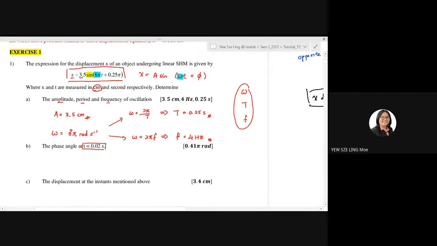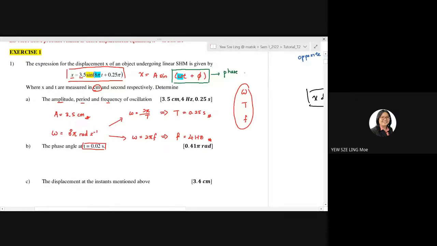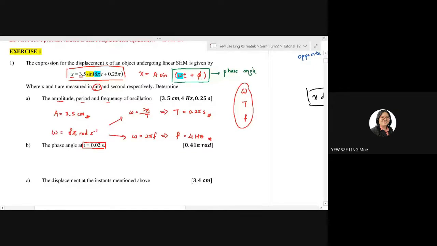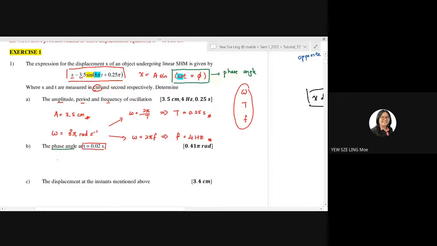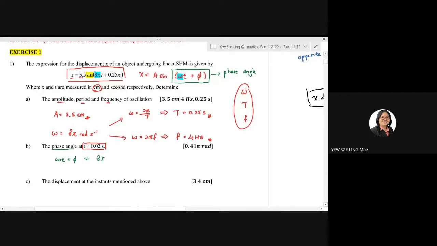So this whole thing, omega t plus phi. I told you just now, this whole thing we call the phase angle, and phi itself is the initial phase angle. But since the question is asking for phase angle, we want to use this whole part, omega t plus phi. So we have 8 pi t plus 0.25 pi.